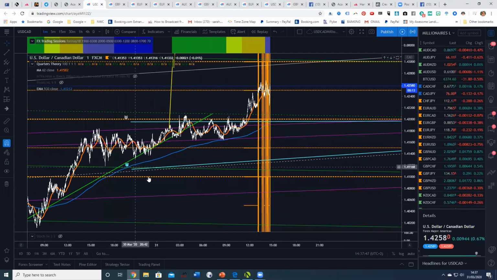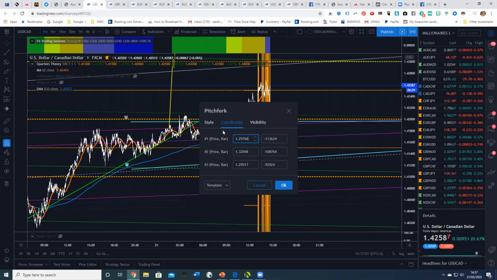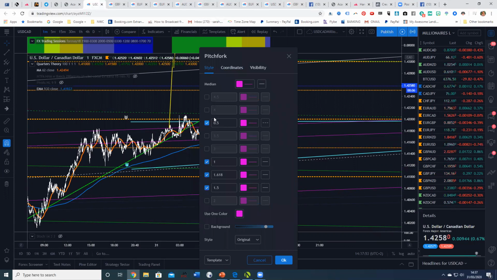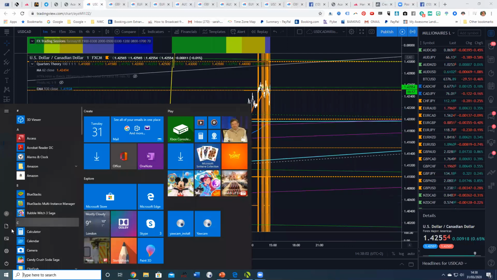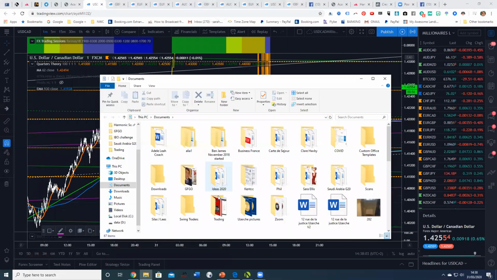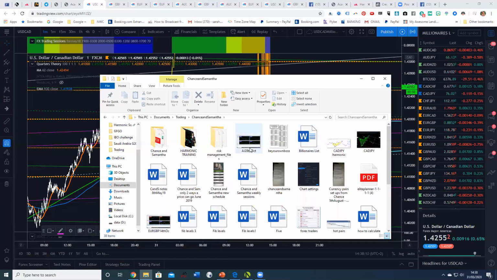Let me just have a look. If I got an old pitchfork, let me have a look there. No, lost all my pitchfork settings. That's thrown me. Right, so let me think. Documents, trading. See if I put any under here.